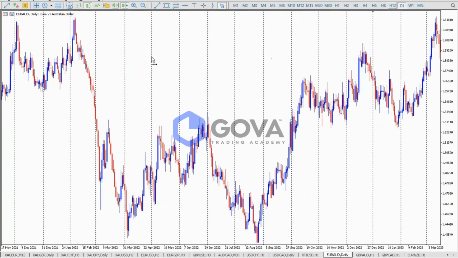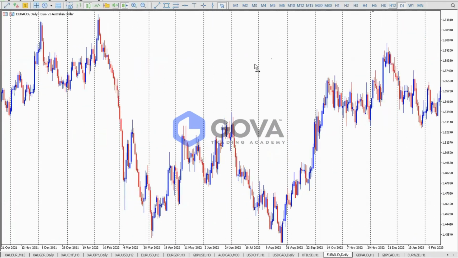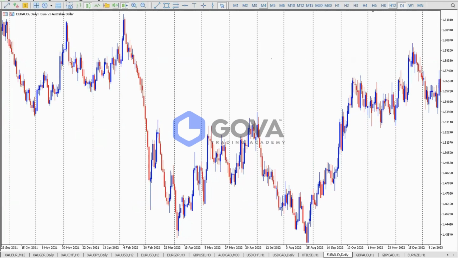For example, look at it. If market price happens to come back into the area here, you should expect market price to reject the area around here again. So that is what usually happens.